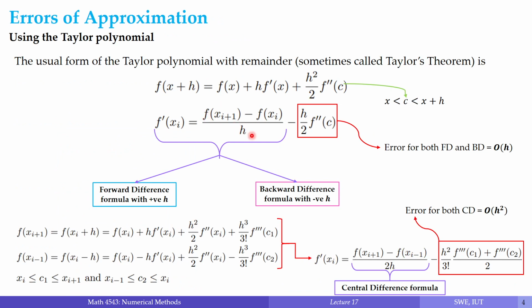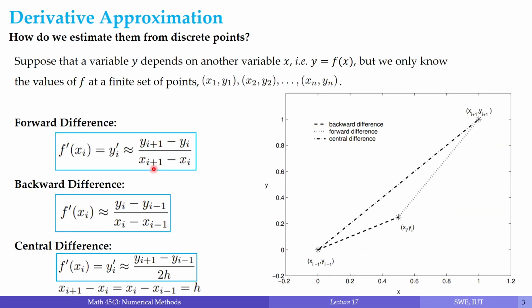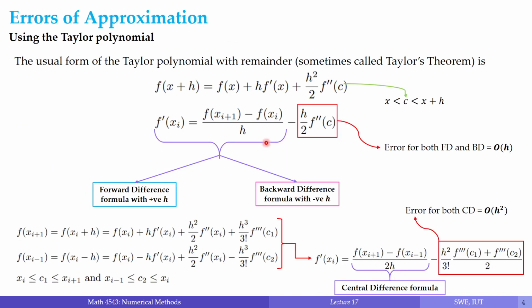And of course our h is the difference between x sub i plus 1 and x sub i, because the distance between consecutive x values is the value h, right? So this thing right here is essentially our forward difference formula.